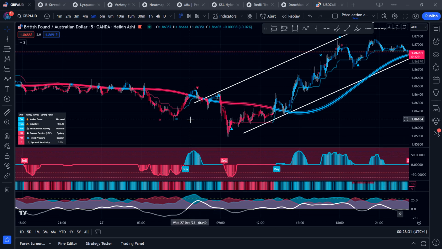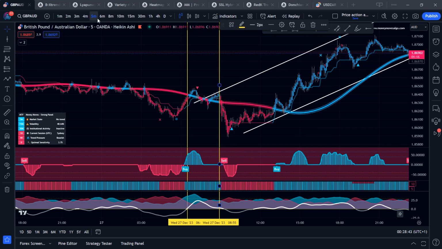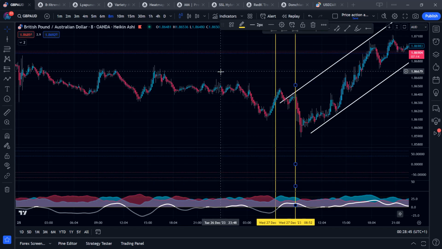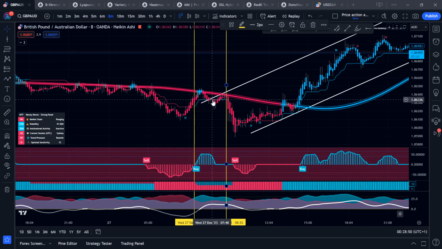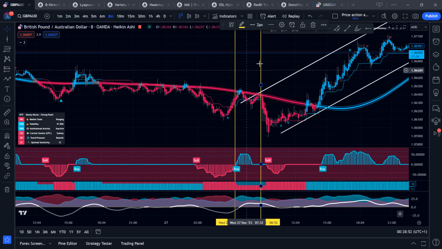For example, we have a buy signal here, it's a valid buy, but if I'm not sure, I'll just mark out that area, go to the higher time frame, and check if it's underneath or below. And if it's underneath or below, I won't take the buy or the sell.